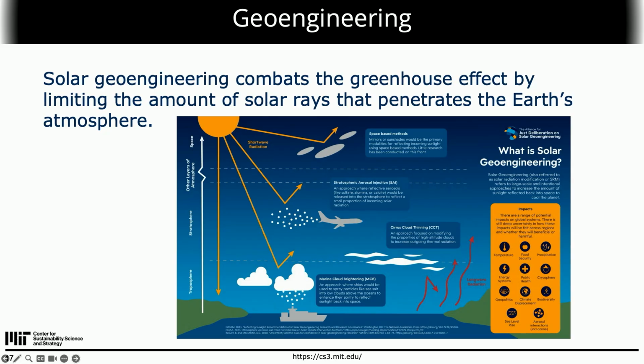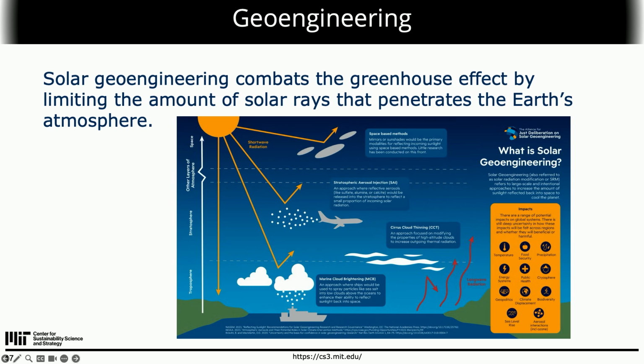There are 3 or 4 main techniques to do that. One is to go on a boat and spread some sea salts directly over the clouds. This will have the effect that the clouds reflect more solar radiation out of our atmosphere.